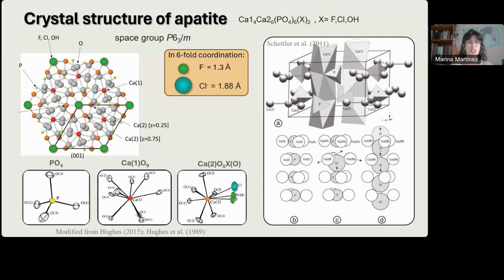Fluorine is much smaller and fits well, because we have to take into account that fluoride, chloride, and OH ions are located inside the channels created by the arrangement of planar triangles of Ca2 atoms at z = 1/4 and z = 3/4, related by the hexagonal screw axis perpendicular to the z-axis.